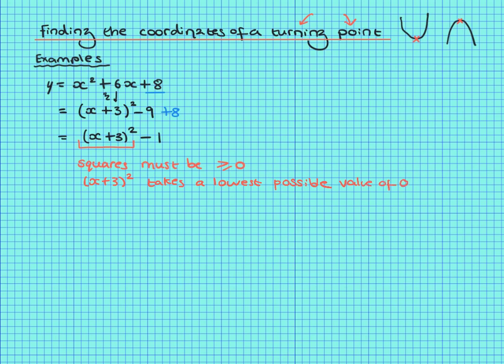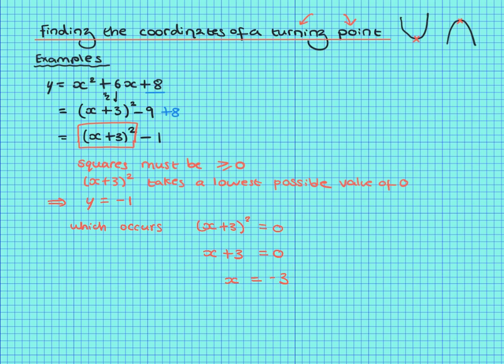Now, if this part here is equal to 0, this would then give us y equals negative 1. So the minimum possible value of y is negative 1, which occurs when x plus 3 all squared equals 0. Now, if x plus 3 all squared equals 0, that means x plus 3 must equal 0, which means x equals negative 3.